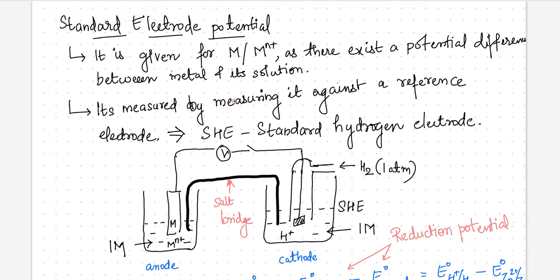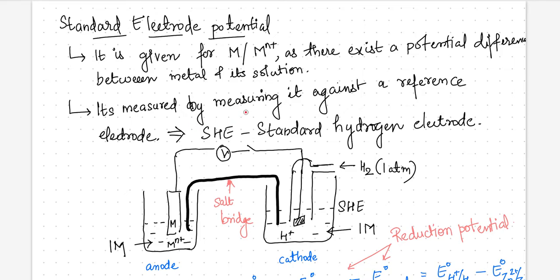Okay, and how do we measure the standard electrode potential? There is no way we can measure the potential existing between the metal and its solution by connecting a voltmeter. So we need a chemical battery to find out the potential that exists here.